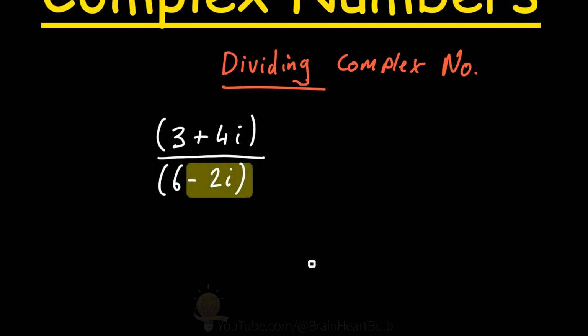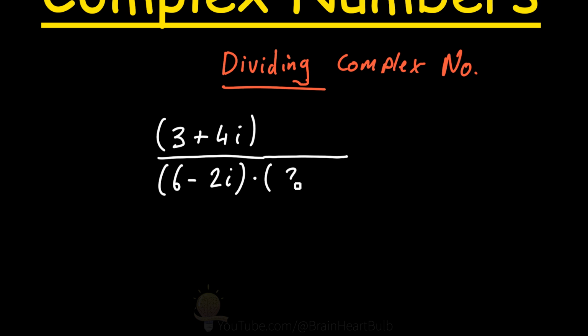So let's try this example. In this example, in order to remove the complex component in the denominator, we need to multiply it by its complex conjugate. So what would the complex conjugate of 6 minus 2i be?